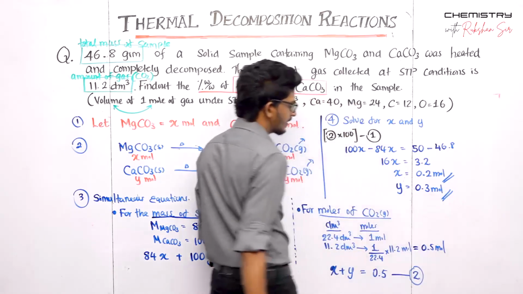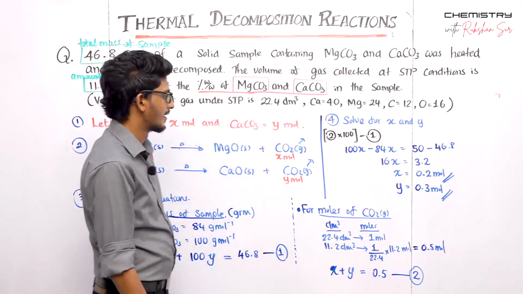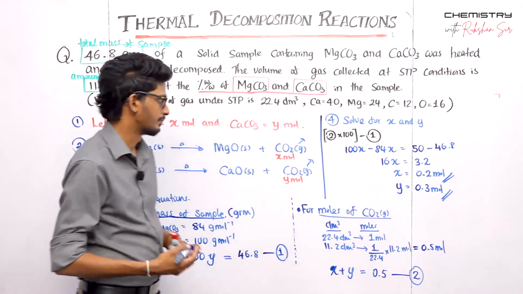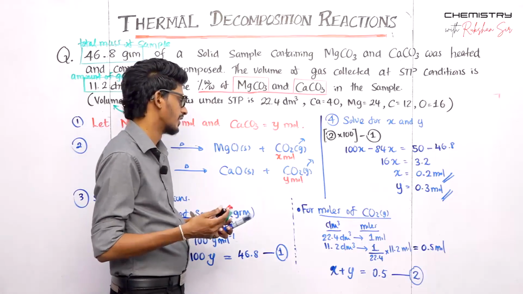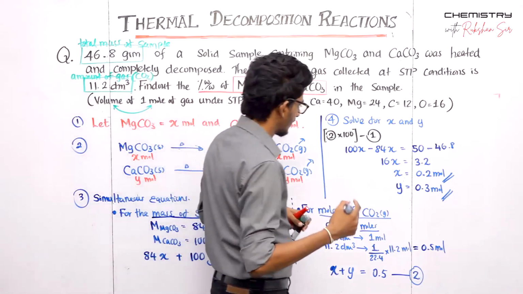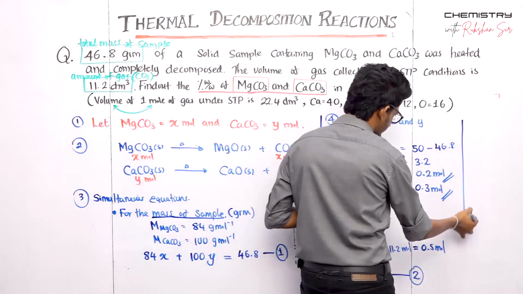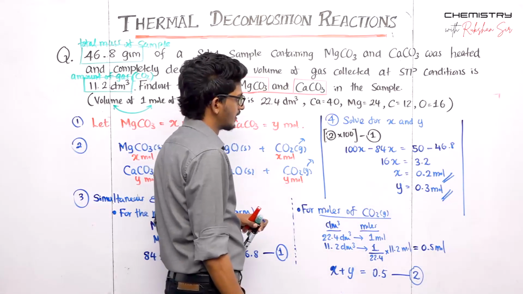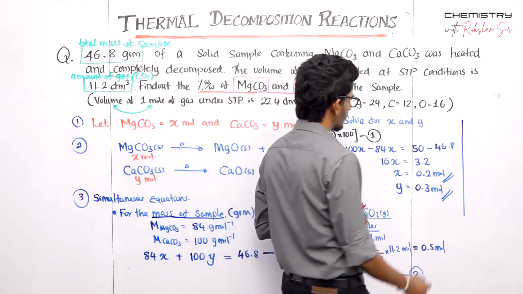So x and y values are known now. This is step 4 of the calculation. Let's do step 5, the finalizing stuff, achieving the goal.